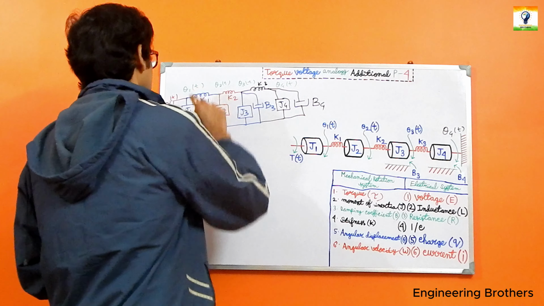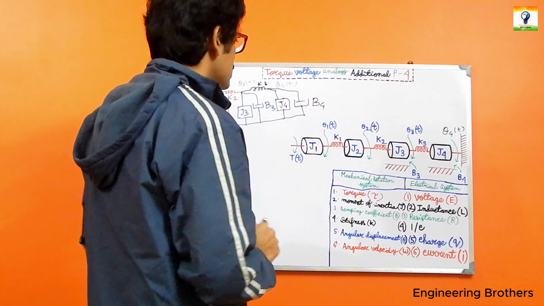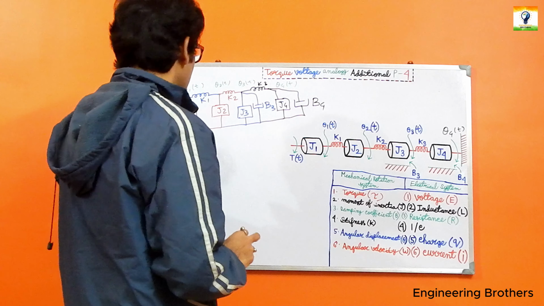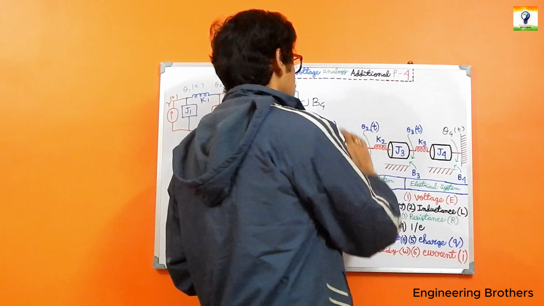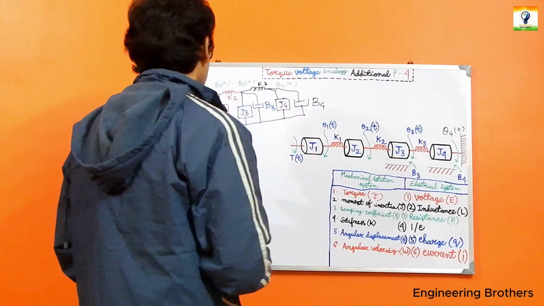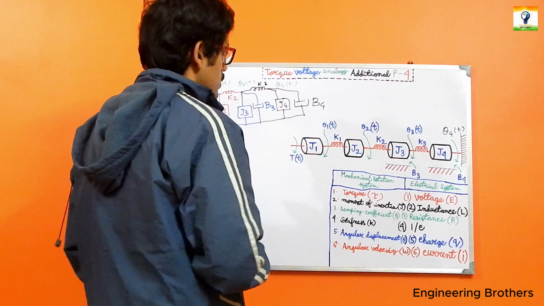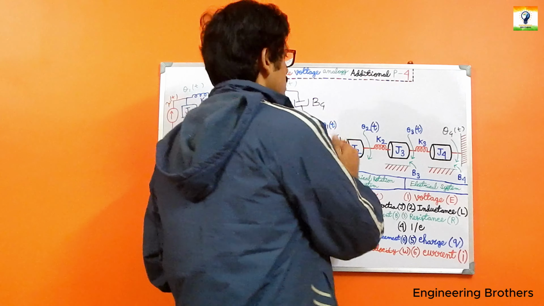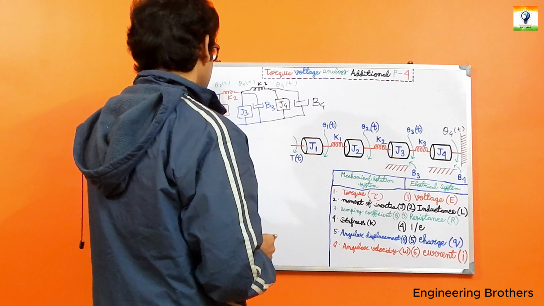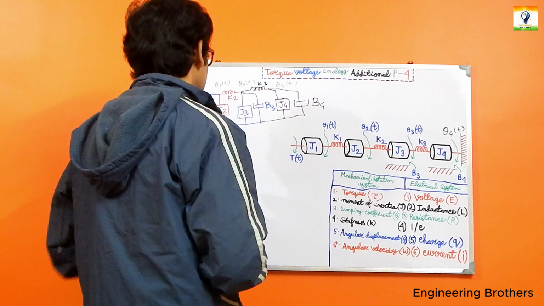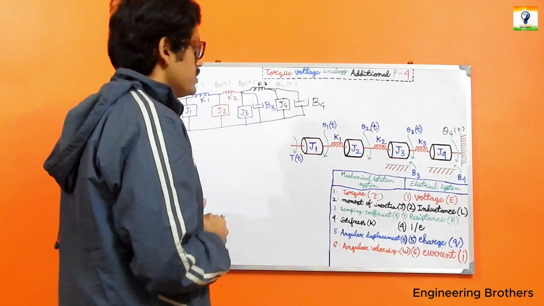I have included the K1 over here, and with theta 1(t), the J1 is included. At this theta 2(t), the J2 block is connected. So I have included the J2, and in between our theta 2(t) and theta 3(t), the K2 spring element is present.